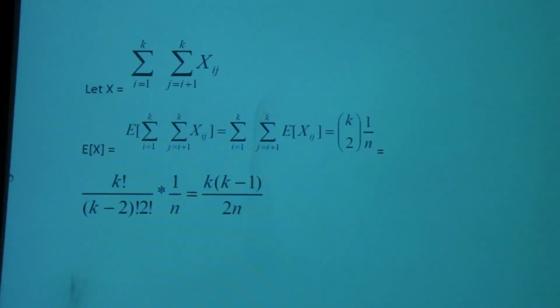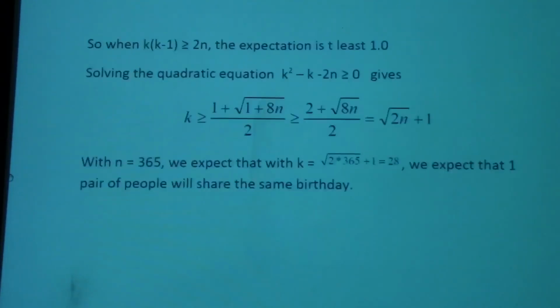So that would be the case where this was greater than or equal to 1 over 2. So if we multiply by 2n, we get n on the right side, and the equation would be k times (k minus 1) is greater than or equal to n. So the equation would be k squared minus k minus n is greater than or equal to 0. We get a different result.